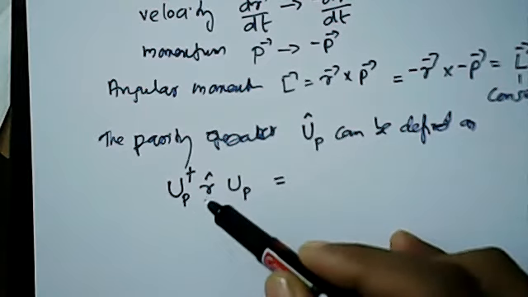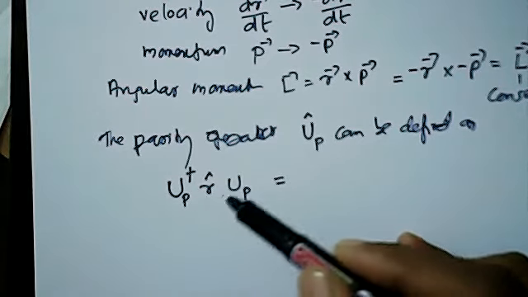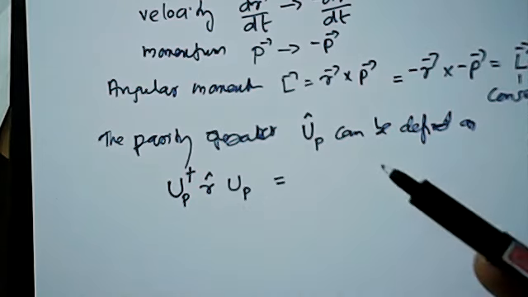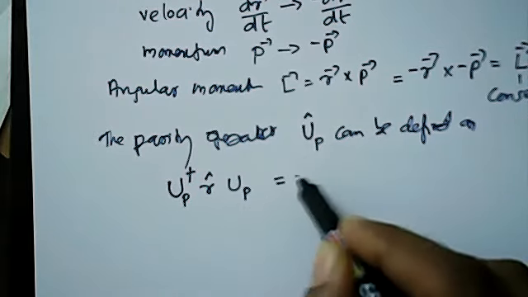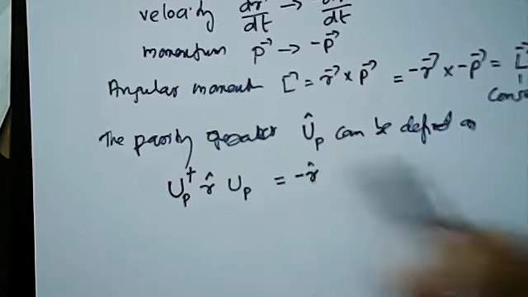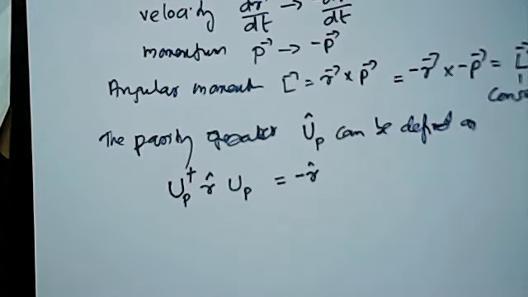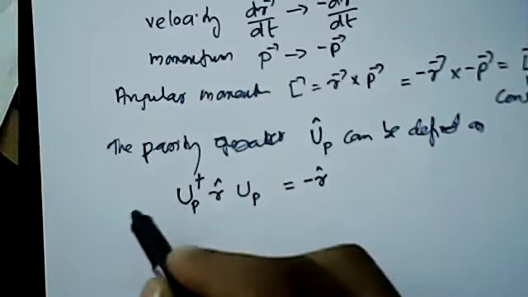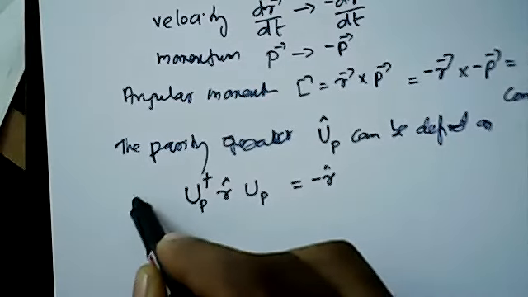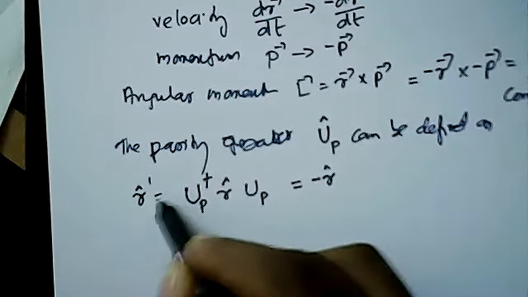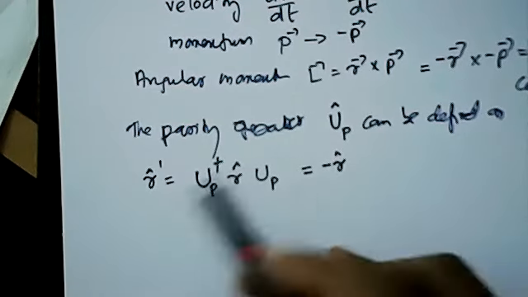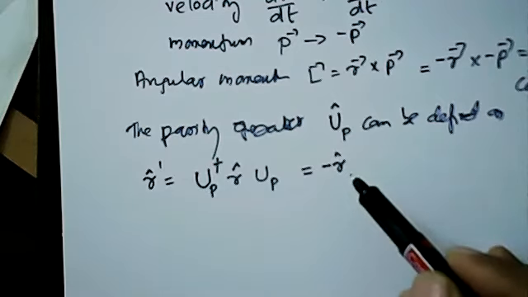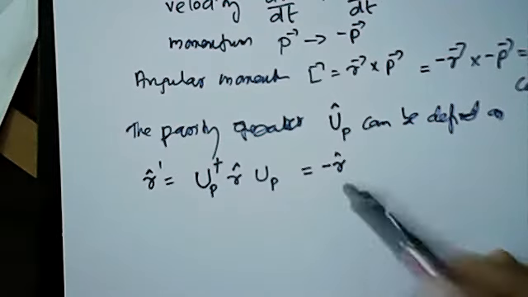After you do this unitary transformation, R becomes new R. What is new R? That is minus R. R changes sign. So you can call it R prime. So new R prime is minus old R.